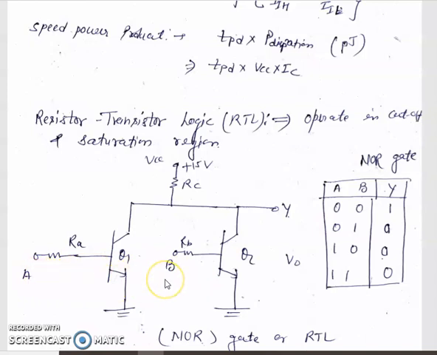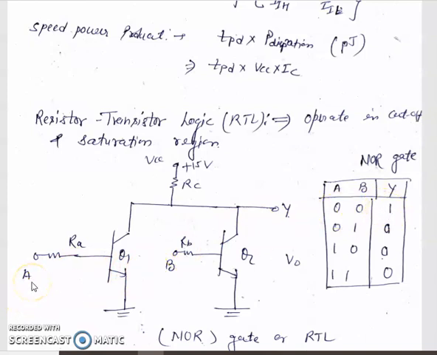When A and B are given 0, 0, A equal to 0 and B equal to 0 means the transistors do not operate, or they go into cut-off region. When cut off, the circuit is disconnected here and also disconnected from here, and the whole VCC is raised to output voltage Y, means we get the output Y equal to high voltage, that is represented as 1.